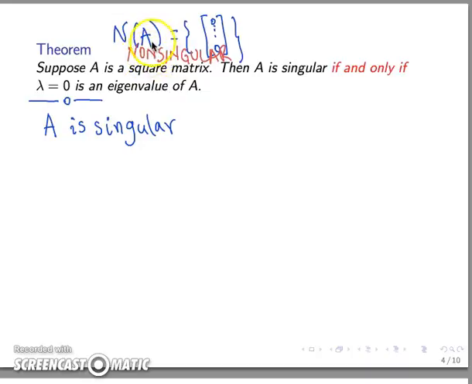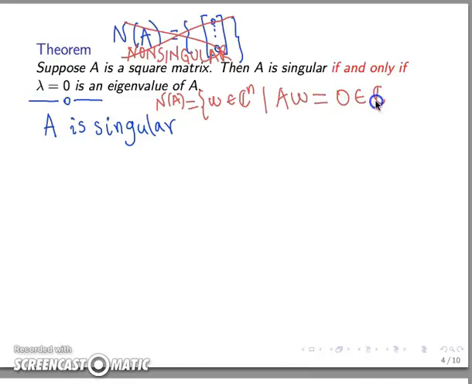If that is not the case, if the matrix is not non-singular, that means it is in fact singular, and singularity means that the null space is the set of vectors W in Cn such that the matrix times W equals 0, but this is the 0 in Cn also.